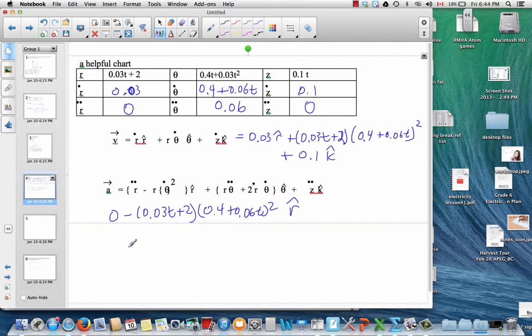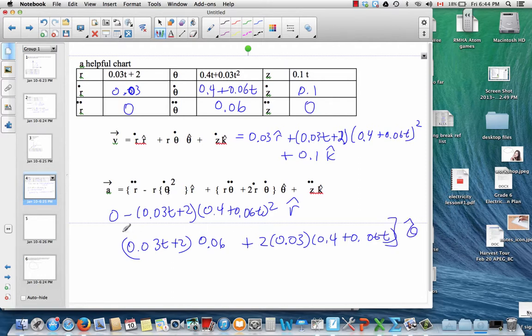Okay, so now in the angular direction, there's r. Theta double dot's non-zero here. It's 0.06. And we've got plus 2 times r dot times theta dot. So that has two angular terms then. Two terms in the theta hat direction. And then there's nothing in the k direction.